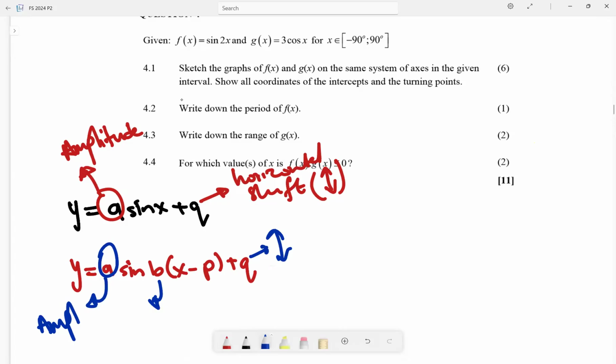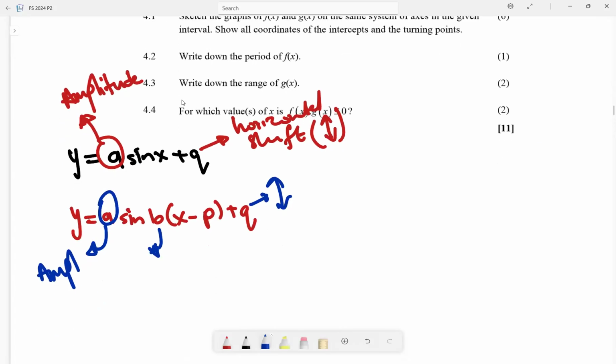B is now what we call your period effect. If you have something like y = sin 4x, this is your B. Remember, in this case we do not have a bracket with minus p, it is like minus 0.